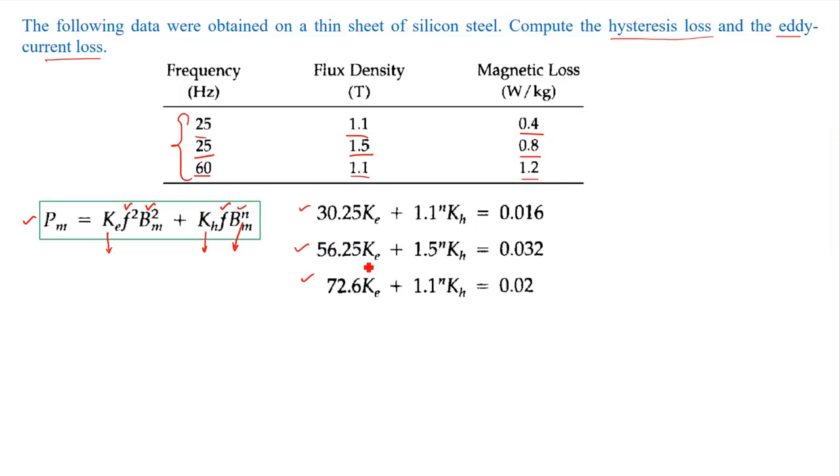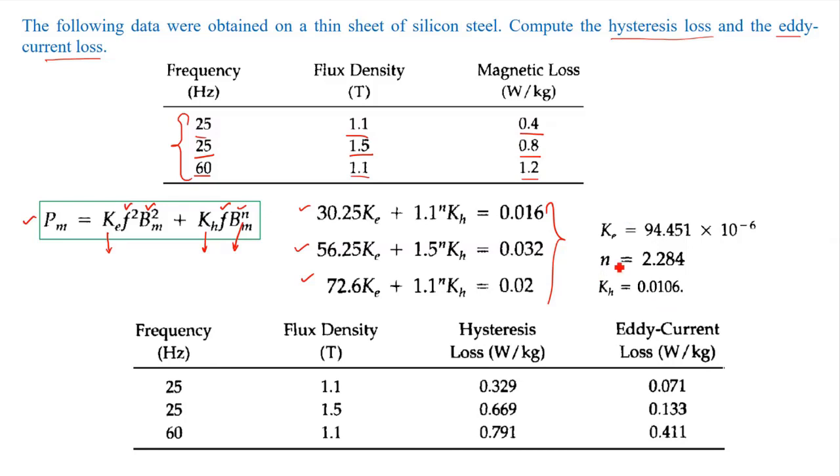If we solve these three equations, we'll find K, Kh and n. After finding these parameters, I can substitute in the respective loss equations and find the different losses, right? So by solving these equations, it is found that K equals 94.451 times 10 to the power minus 6, n equals 2.284, and Kh equals 0.0106.